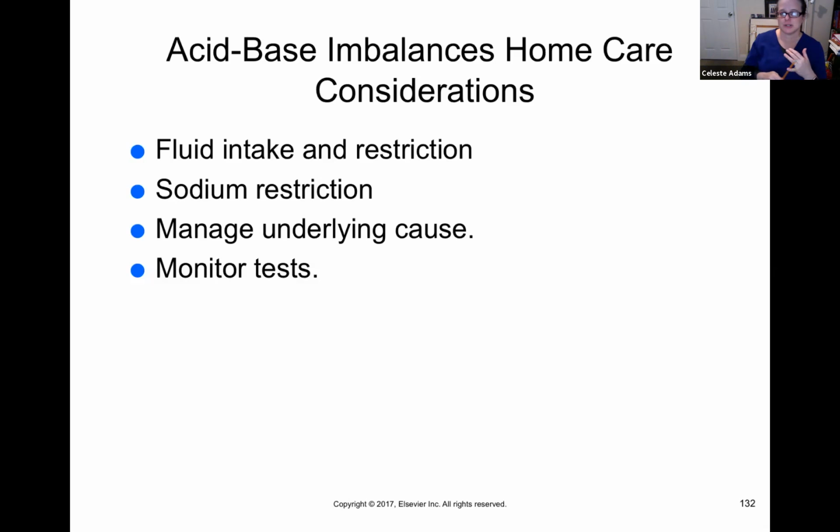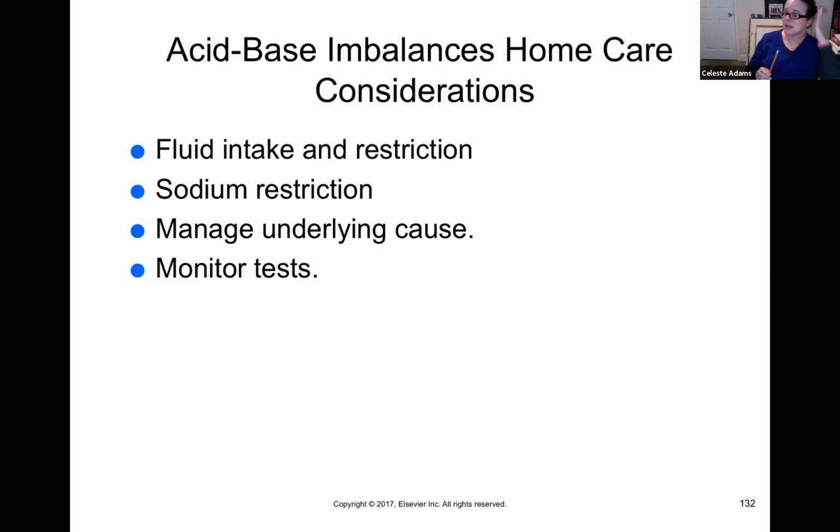Fluid intake and restriction, sodium restriction, and manage that underlying cause. So whether it be diabetes, diabetes was a huge one that we saw that caused respiratory acidosis, metabolic acidosis, so you want to keep that diabetes under control.